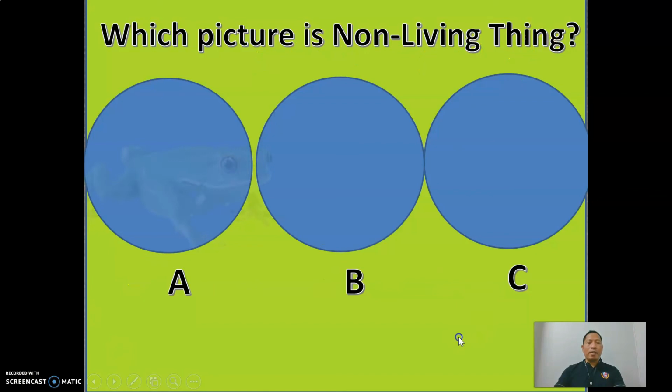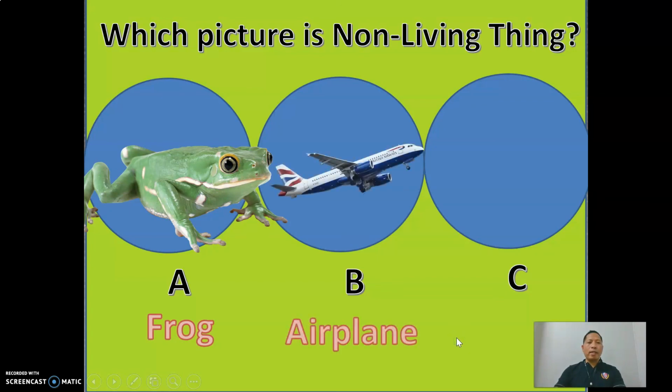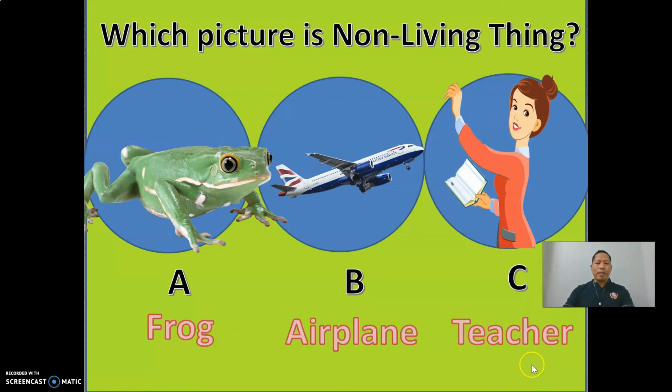A, B, C. What is that? It is a frog. Second is an airplane. And last but not least, she is a teacher. A teacher.